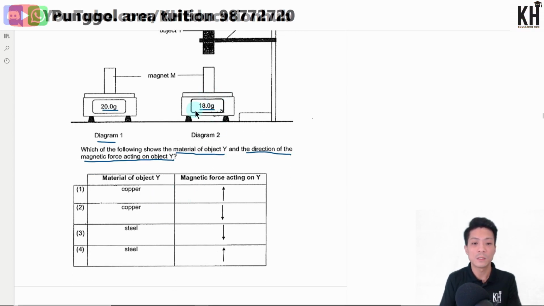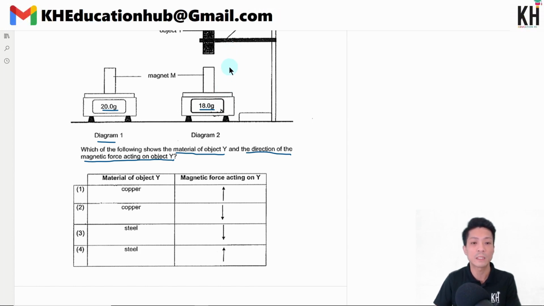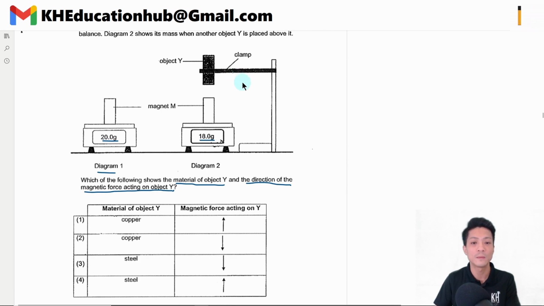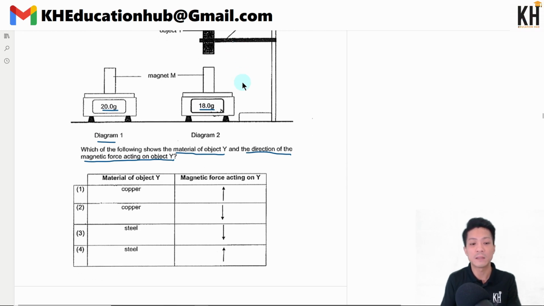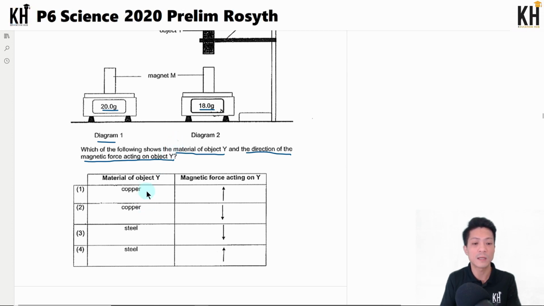Since the reading of the mass of magnet M decreases, it shows that there is a force of attraction between magnet M and object Y, which tells me that object Y must be a magnetic material. So immediately I can cross out copper, and I'm left with steel.